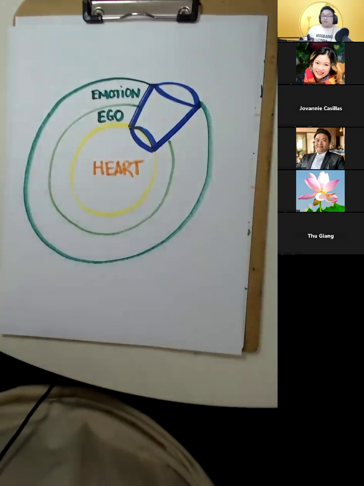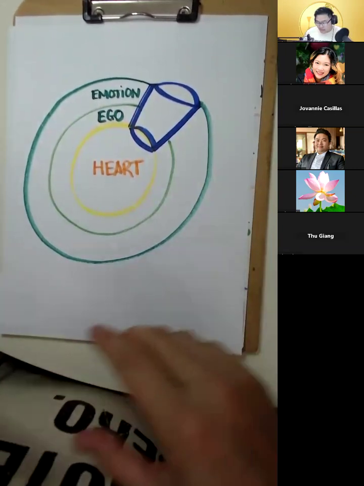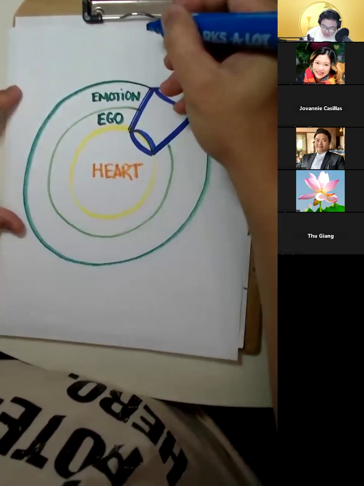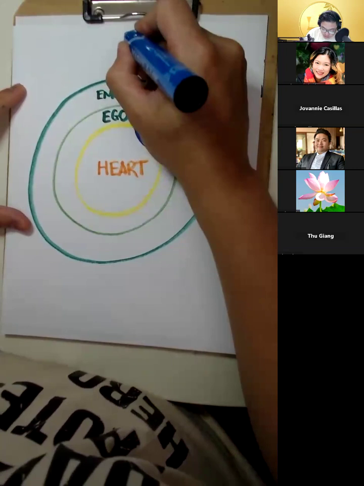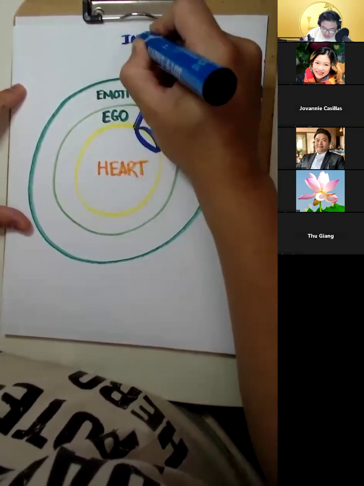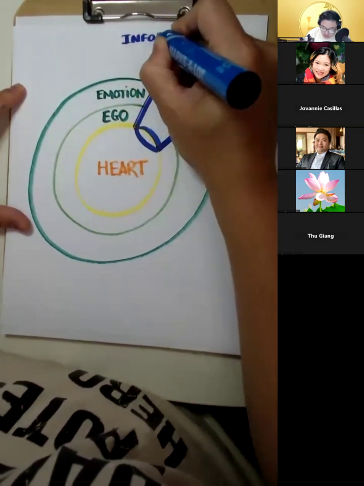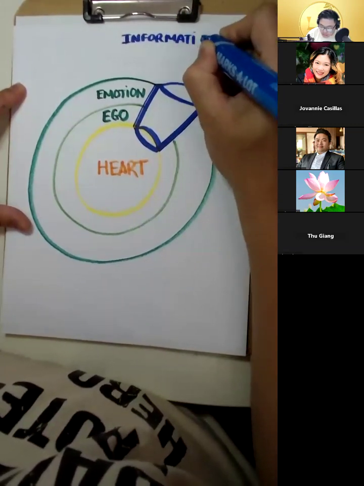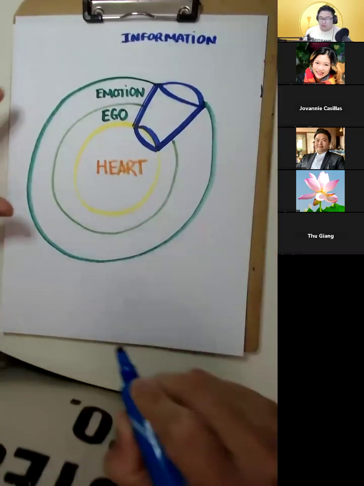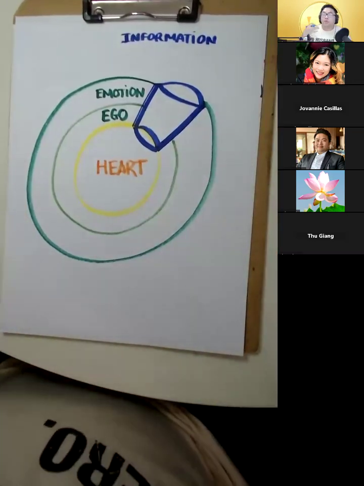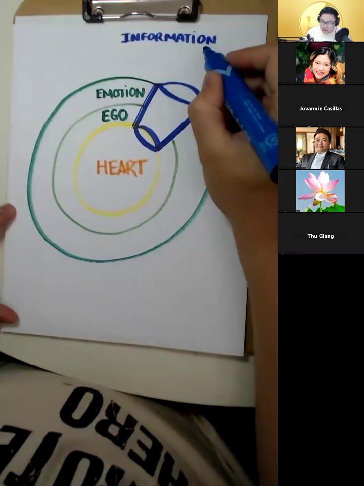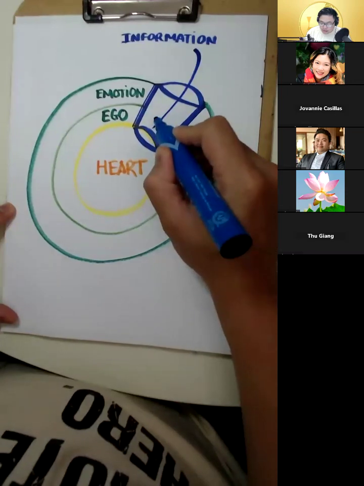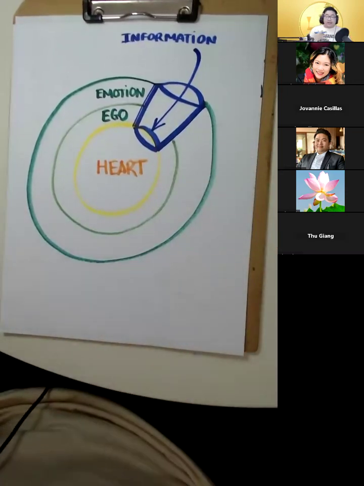So thanks to the Grandmaster, we get to learn that when information comes to us, we allow it to go straight to the innermost layer.